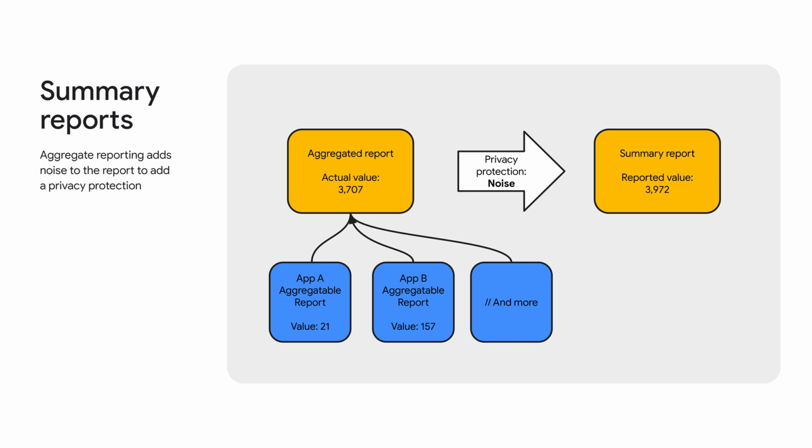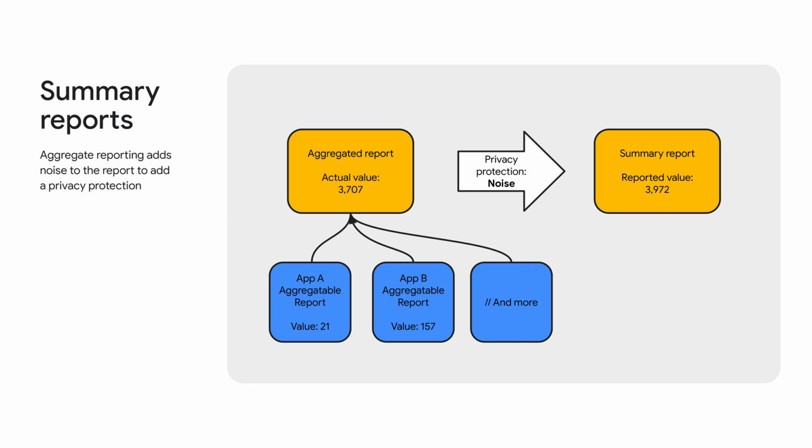Instead, before the aggregated value leaves the aggregation service for reporting, noise is added as a privacy protection. In this example, the value reported to the ad tech is $3,972, which is the aggregated value of $3,707 with noise added.